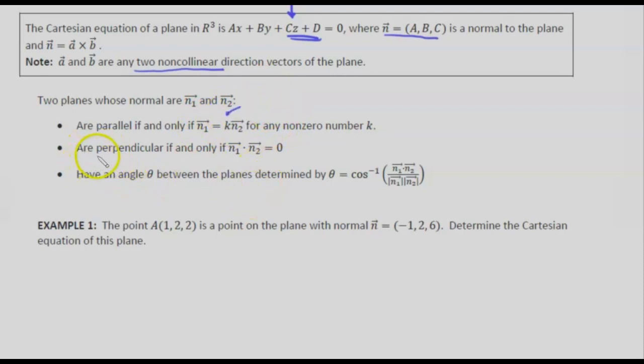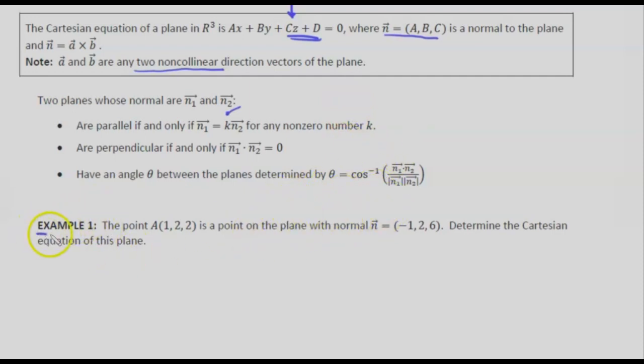They are perpendicular only if the dot product of the normals is 0. And then the angle between the planes is determined by the long form of the dot product: cos inverse of normal 1 dot normal 2 over the magnitude of normal 1 times the magnitude of normal 2. We've seen these before, so that's just a recap.